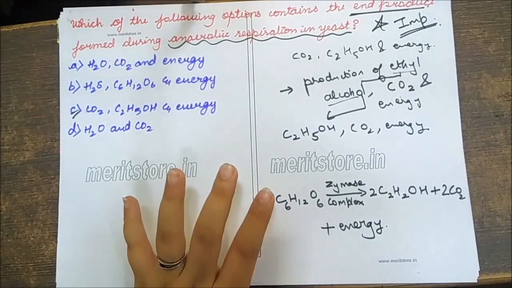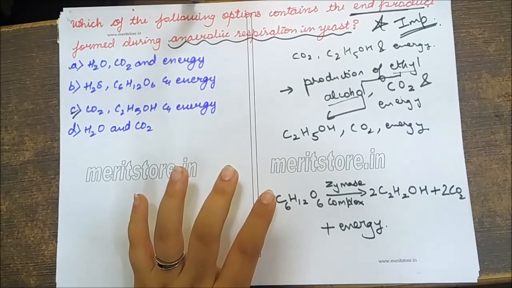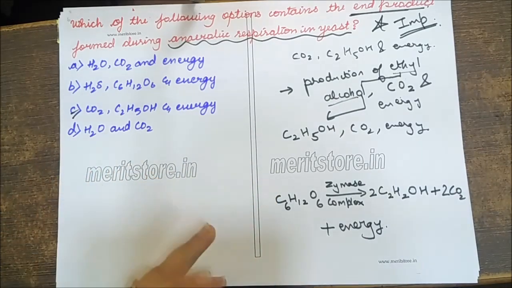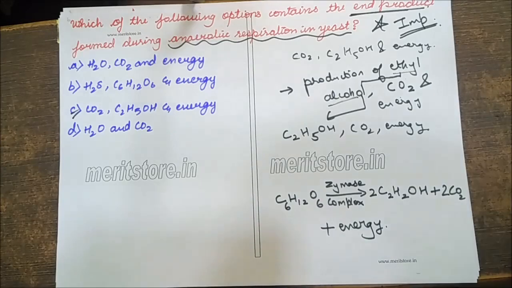And the formula is C6H12O6 with zymase complex gives 2C2H5OH plus 2CO2 plus energy. Now this is the formula for anaerobic respiration in yeast. So the question was what is the end product formed during anaerobic respiration?